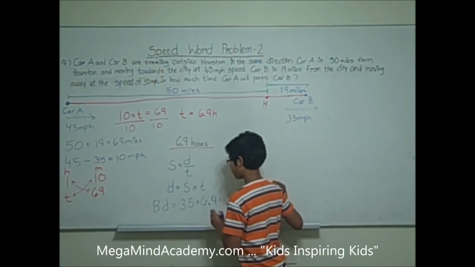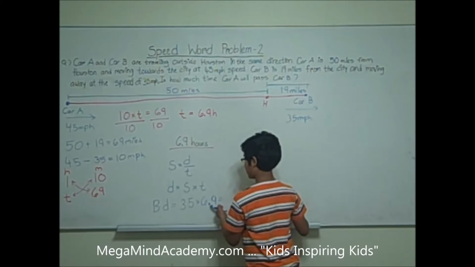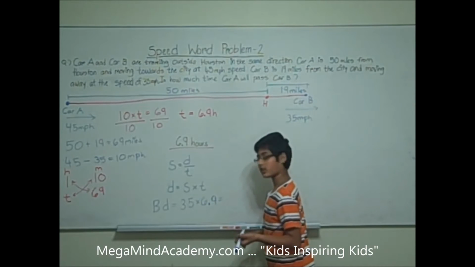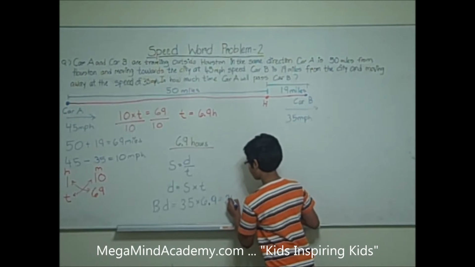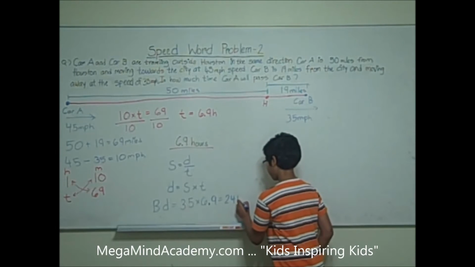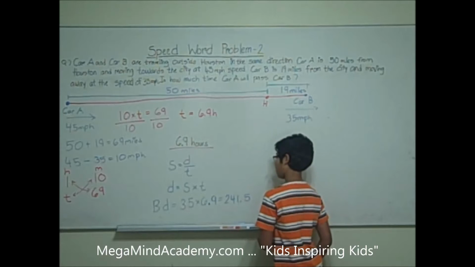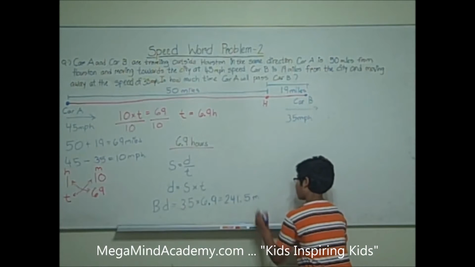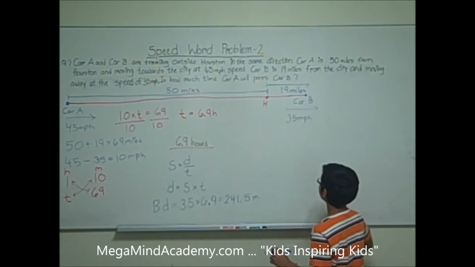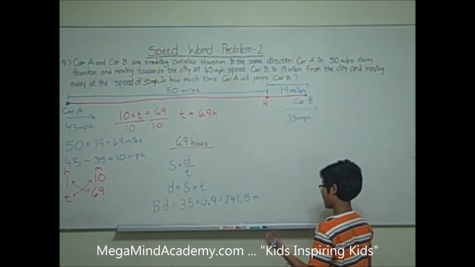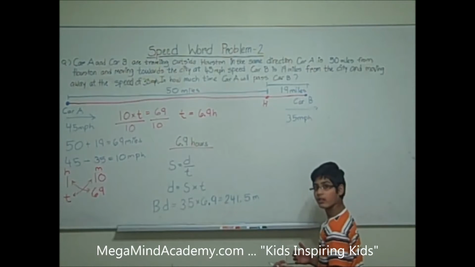We get 35 times 6.9 is equal to 241.5 miles. Now we have to add the extra 19 miles that he had covered already.